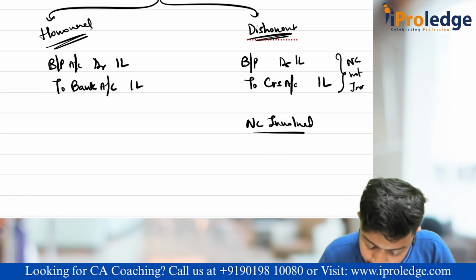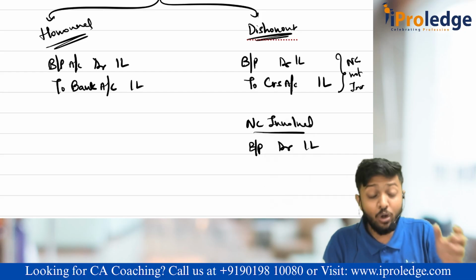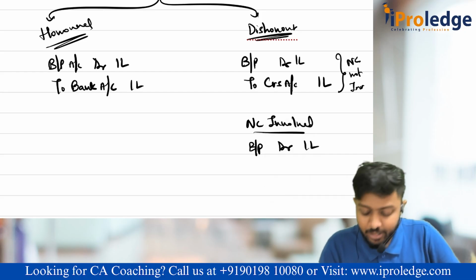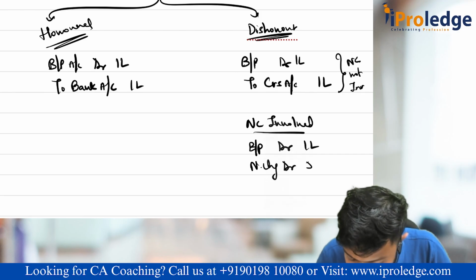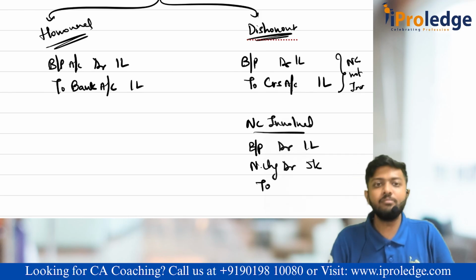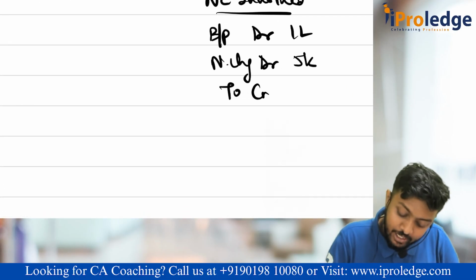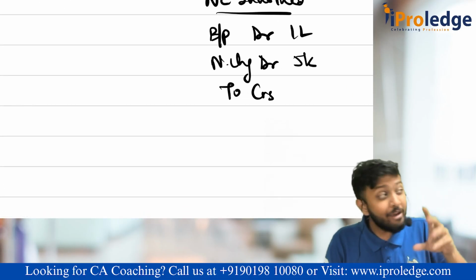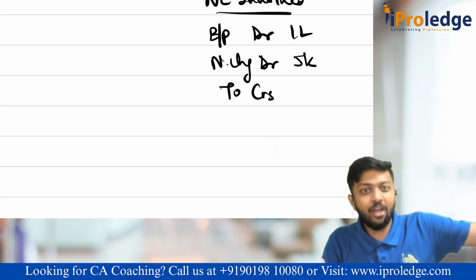So what will happen? My bills payable, whatever I had credited before, now I'll debit for 1 lakh. And noting charges is my expense. Expense increasing, debit. So noting charges, debit 5k. To creditor's account, 1 lakh. No, along with 1 lakh, I have to pay my creditor the noting charges also. My creditor is only that guy, drawer.